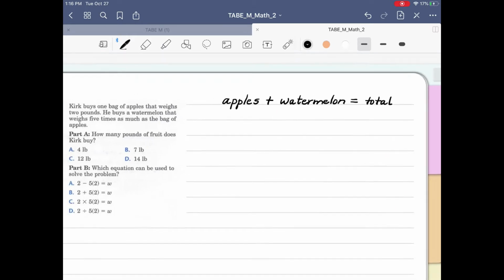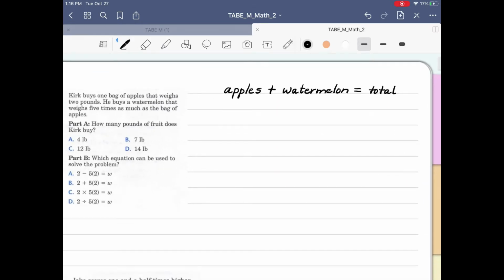We know that the apples weigh 2 pounds and that the watermelon weighs 5 times the apples. So this would give me my total.